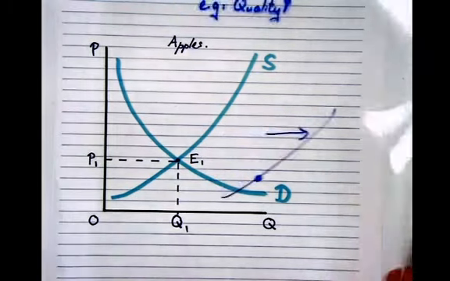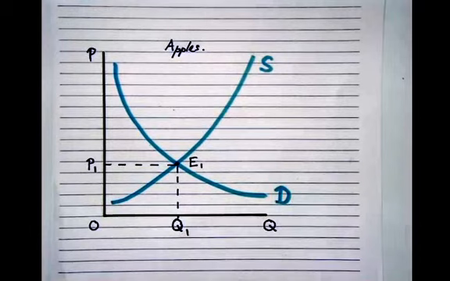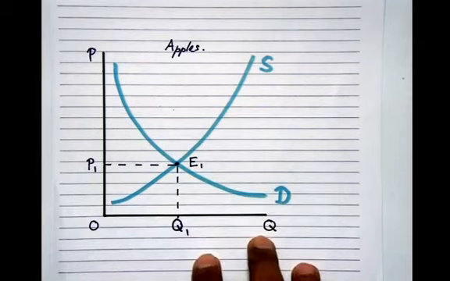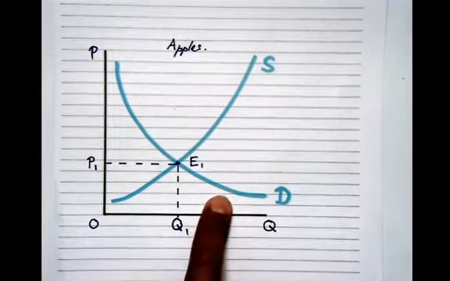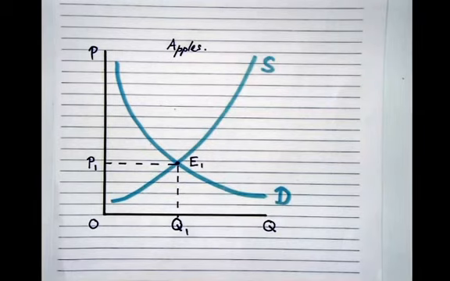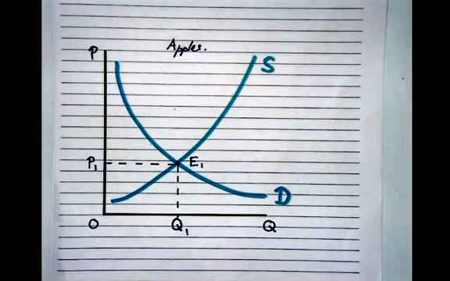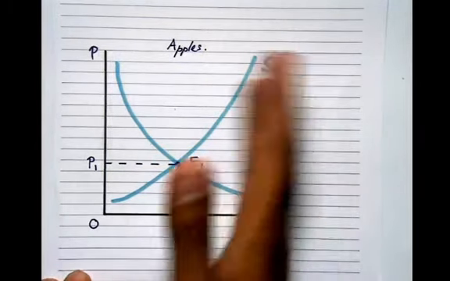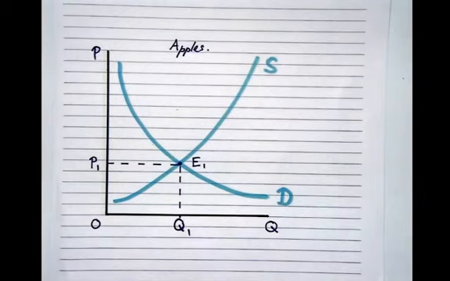So the way economics works is you're not supposed to come up with the final answer. You're supposed to come up with what is the initial shock, what is the initial impact. The model will give you the final answer. That's the idea of the model in the first place. Otherwise, we wouldn't need the graph to begin with. So the way you think in economics, any economic subject, you read whatever's presented to you, and then you need to decide which of the 2 curves is going to shift.